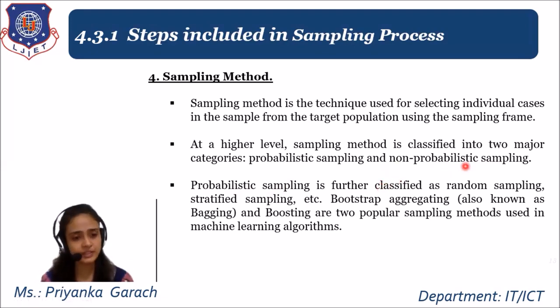Similarly, the non-probabilistic sampling can be again classified into various categories. So which sampling method should be used? So the sampling method is a technique used for selecting the individual cases in the sample from the target population using the sampling frame.